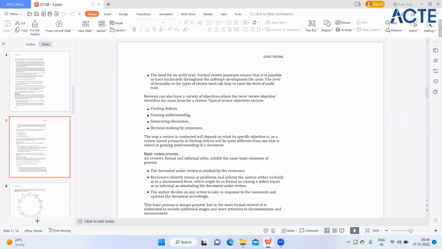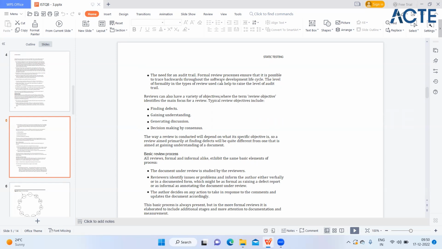With the formal review process, we can follow at any level and trace backwards from the initial to the final stage, because we are preparing the formal document, so we can review it anytime.